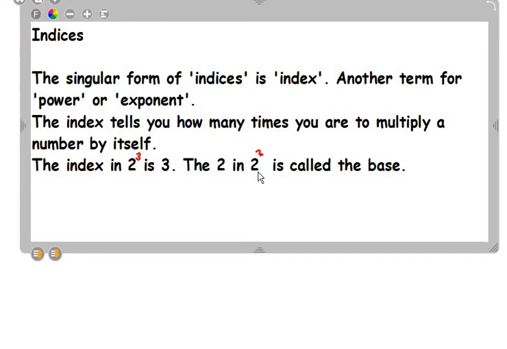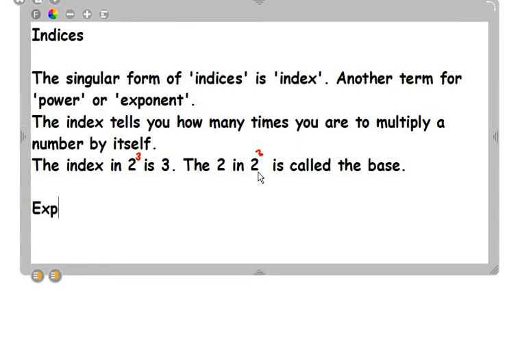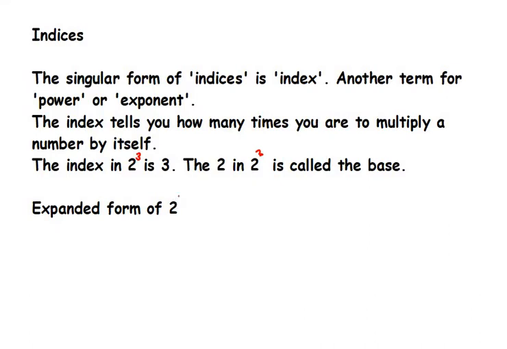Alright, so now that we know the special terms, let's talk about how we write a number that is in index form to expanded form. Okay, expanded form looks like this. So the expanded form of 2 cubed, and by the way, cubed is a special term for the power of 3, and squared is the special term for the power of 2. So 2 to the power of 3 is 2 cubed.